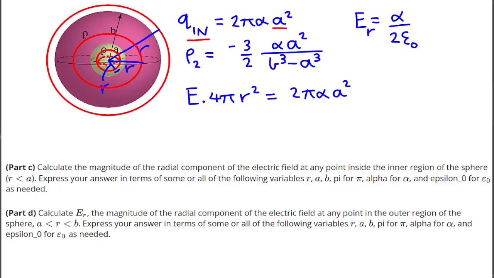So that will be the charge density, being minus 3 on 2 alpha a squared on b cubed minus a cubed, multiplied by the volume of the outer charged region inside that Gaussian surface, which is 4/3 pi by the outer radius cubed minus the inner radius cubed.